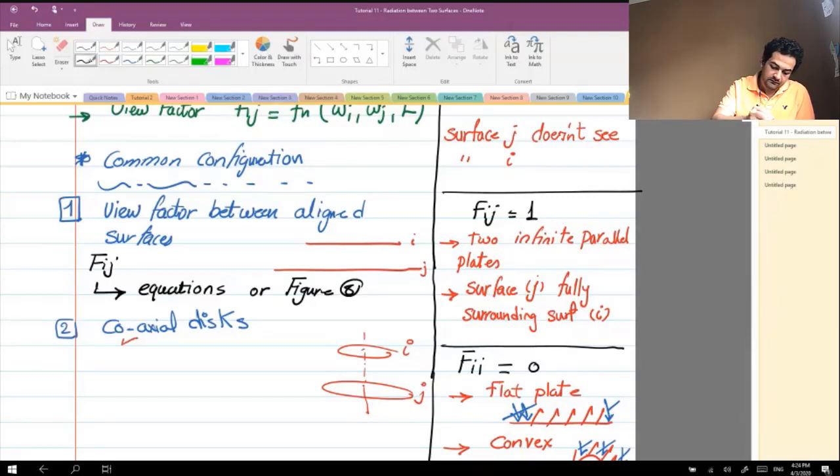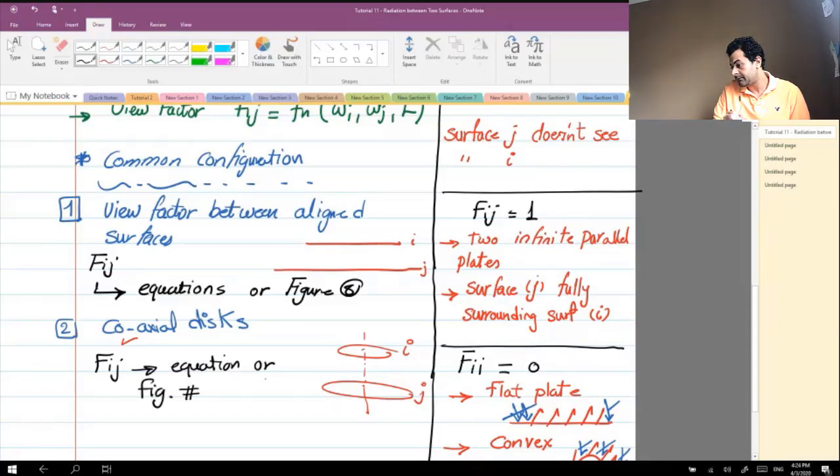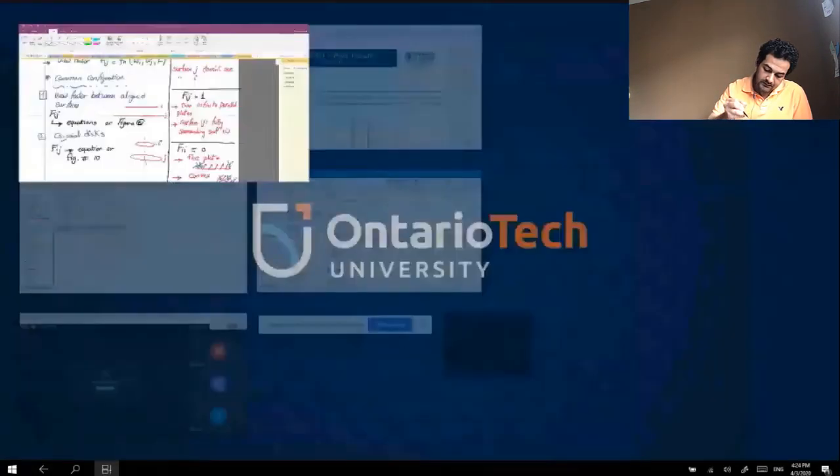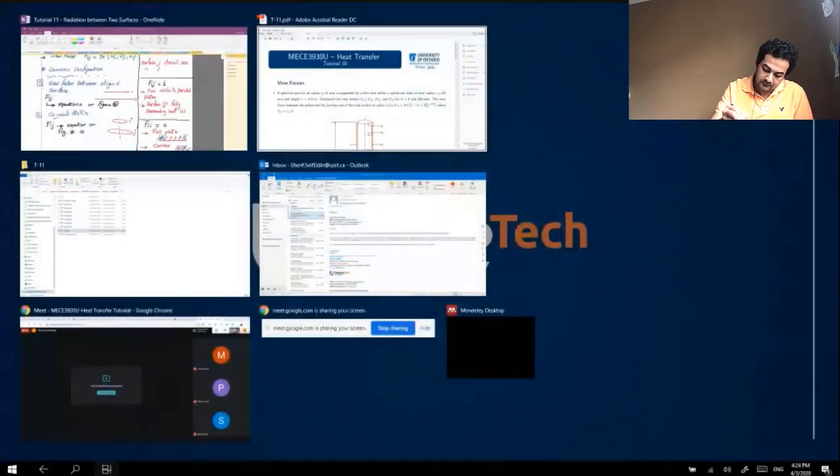And for that case, you've got to use Fij from the equations or from figure number 10 here. Here's figure number 10.